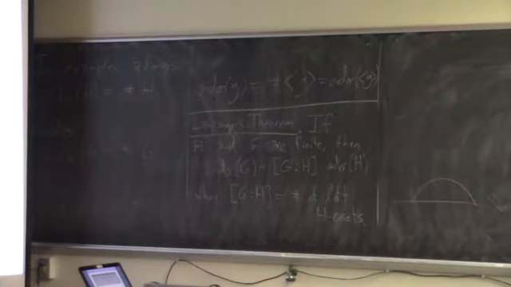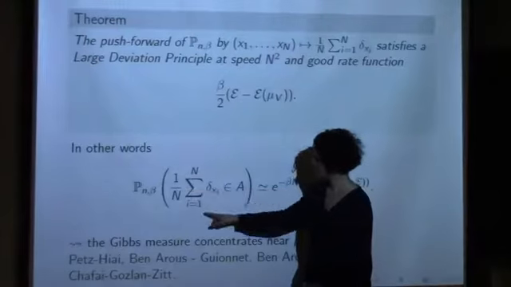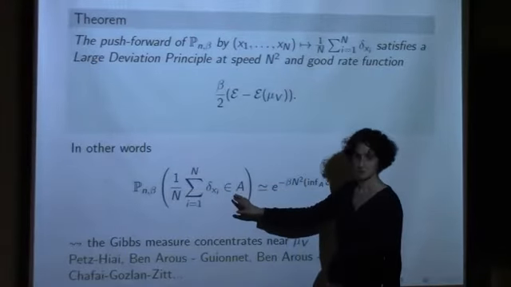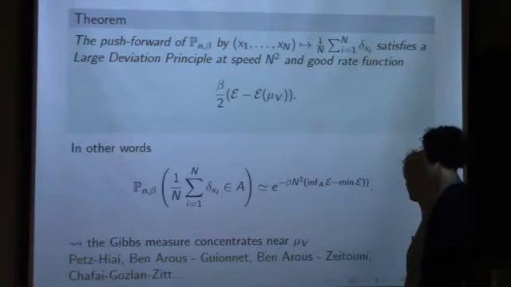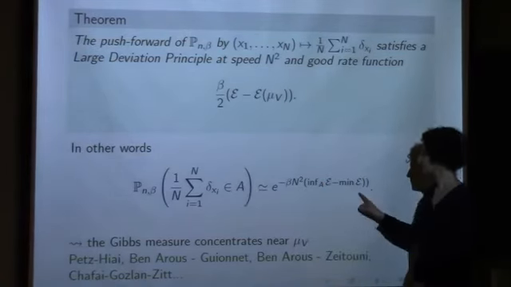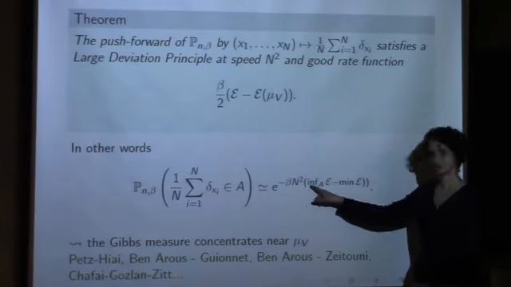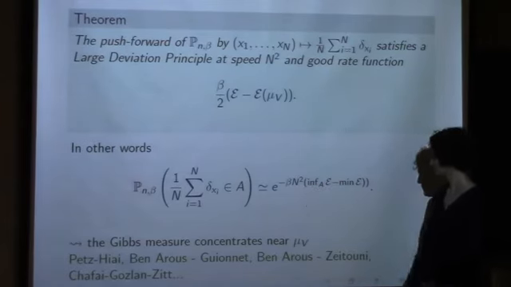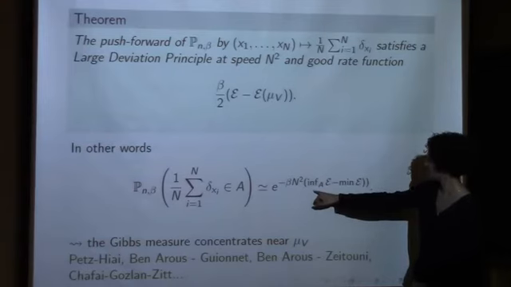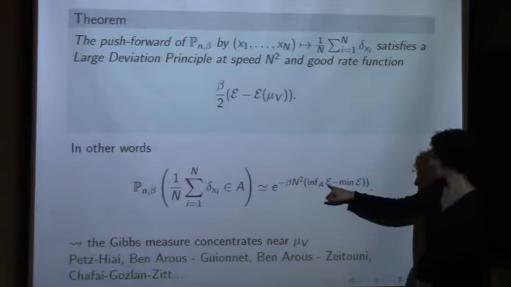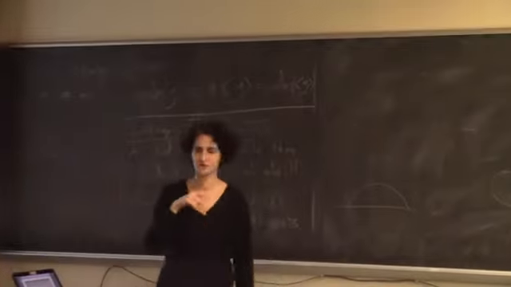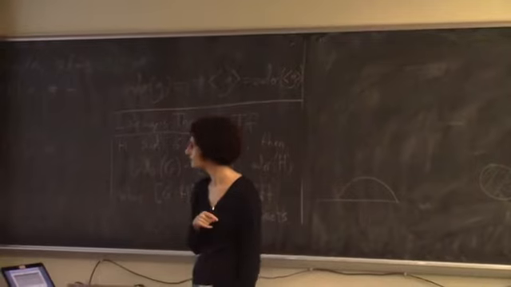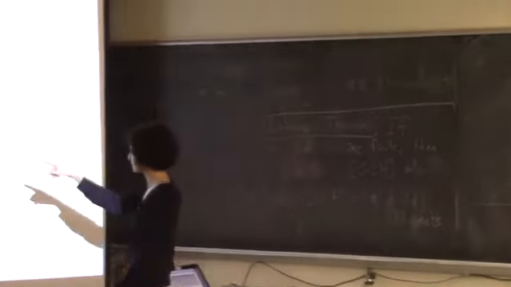It says that the probability that your empirical measure belongs to a certain set A will decrease exponentially according to this exponential factor. And what's in the parentheses here is the infimum of E over A minus the minimum of E. So you remember E is this continuum energy that I described in the previous slide. It's minimized at the equilibrium measure.